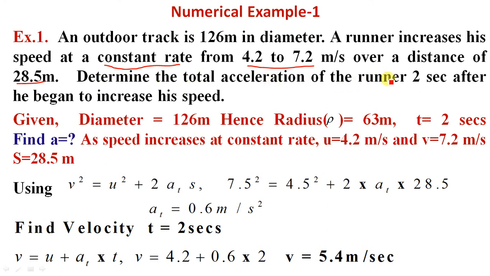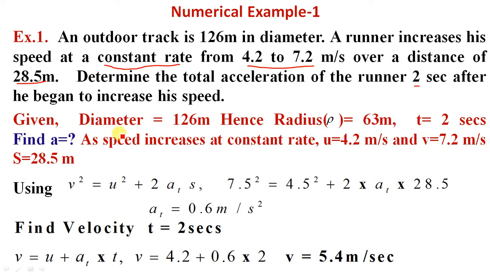Determine the total acceleration of the runner 2 seconds after he began to increase his speed. So we have to find out the acceleration of the runner after 2 seconds when he tried to increase his speed from 4.2 to 7.2 meter per second over a distance of 28.5 meter.